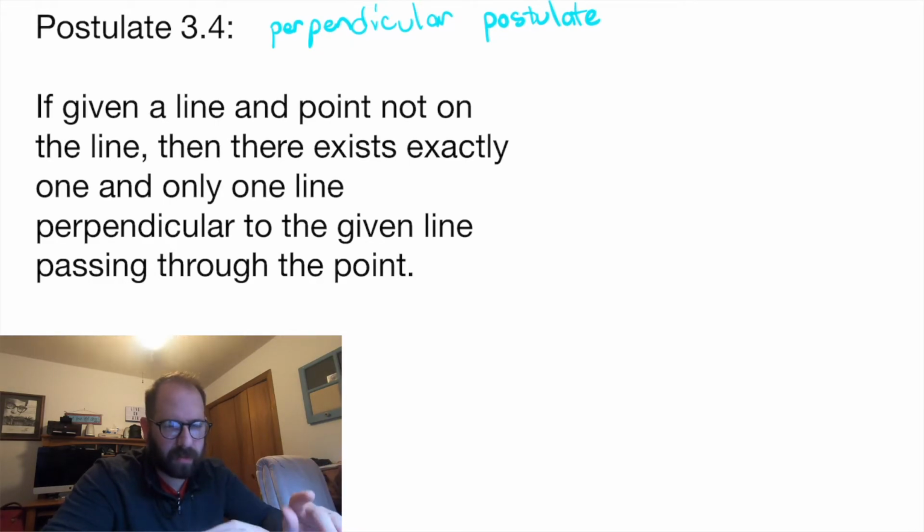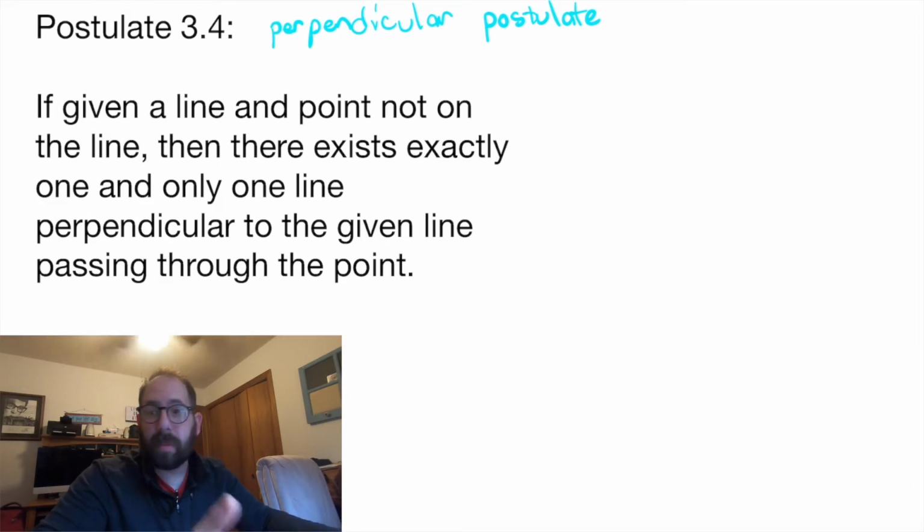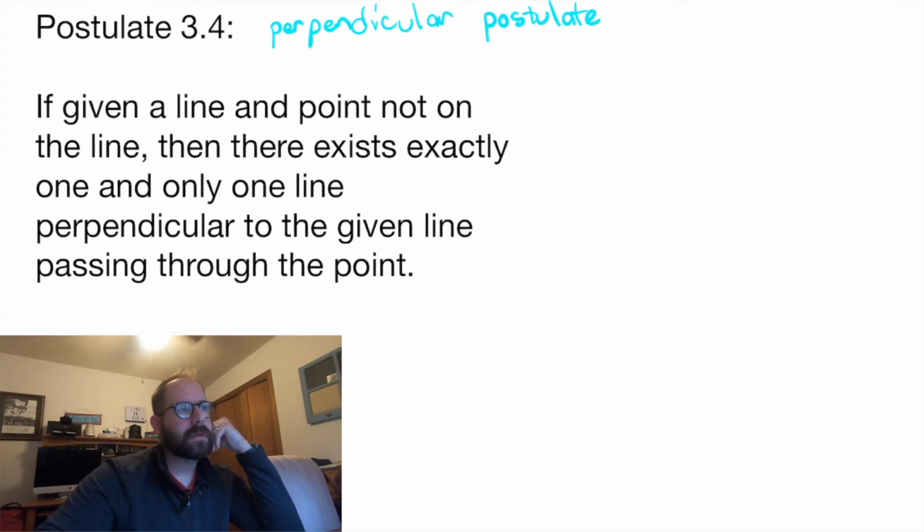Notice not parallel, but perpendicular, through the line that was provided and the point that is not on it. So I'll let you write it down, then we'll draw it. We're going to talk about this one. It's a postulate, so we don't prove these. We can actually draw it though. It's got the same wording as the last one.